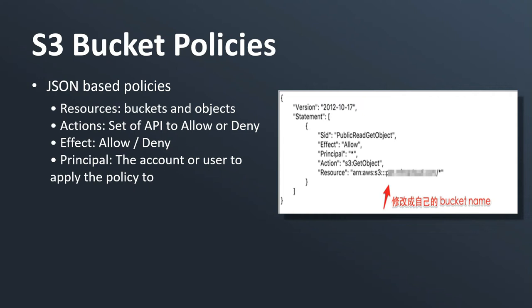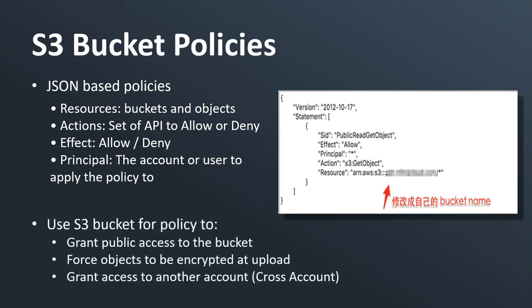Some common use cases for S3 bucket policies are to grant public access to a bucket, to force objects to be encrypted at upload time, or to grant access to another account using cross account S3 bucket policies. So we will do it in the hands-on deep dive on S3 bucket policies.